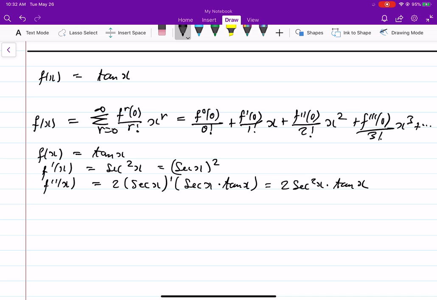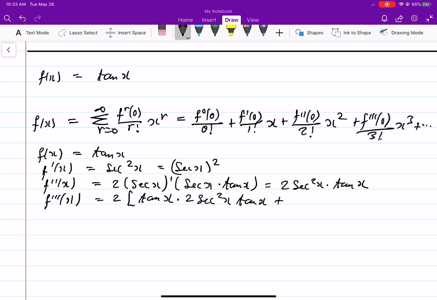And now I need one more derivative, f triple prime. Obviously this is going to be product rule here. I'll leave the 2 outside, so this would be 2 into, hold the second one fixed, tan x, differentiate the first. When you differentiate sec squared, you will get 2 sec squared x times tan x. I just did it above.